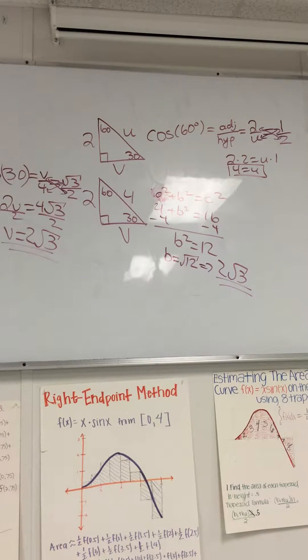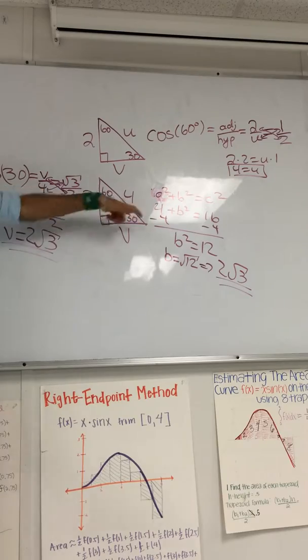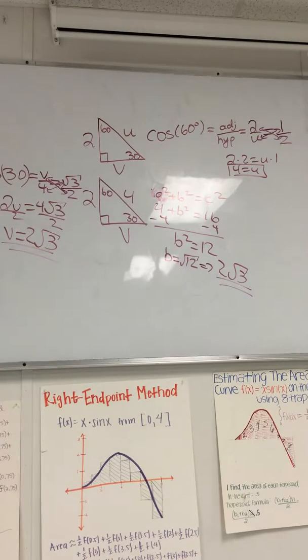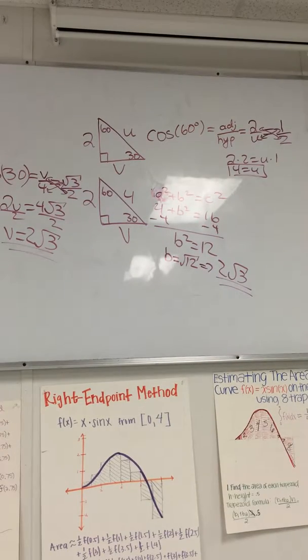So the other way would be I could say, what is the sine of 60 degrees? Sine of 60, opposite over hypotenuse. V over 4, and that equals root 3 over 2. And now we're at the same spot as we are here.